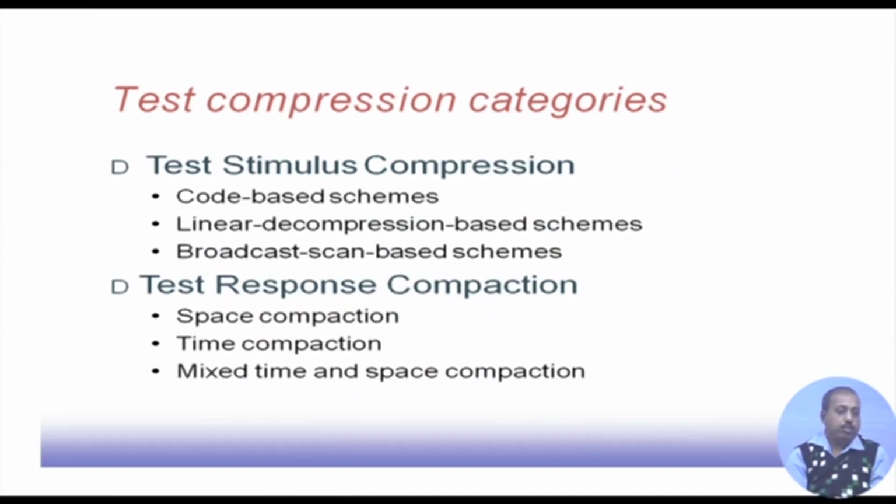Now, this test compression can broadly be divided into two categories. One is the stimulus compression, and another is the response compression. In stimulus compression we are talking about the test patterns. We compress the test patterns so that we need to store less information on the ATE. By response compaction we mean that we will be compacting the response that we get from the circuit.